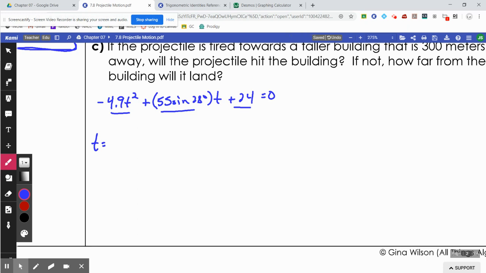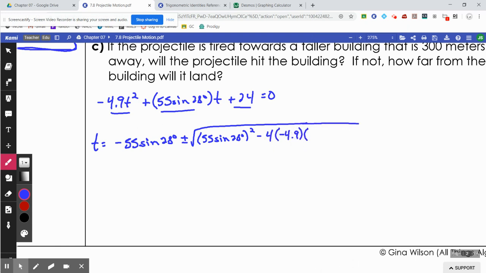t is equal to, not x this time, but t is equal to negative b plus or minus the square root of b squared minus 4 times a times c, all divided by 2 times a.